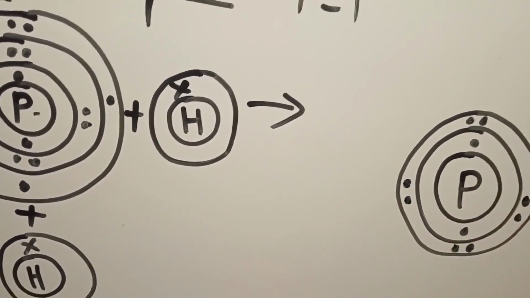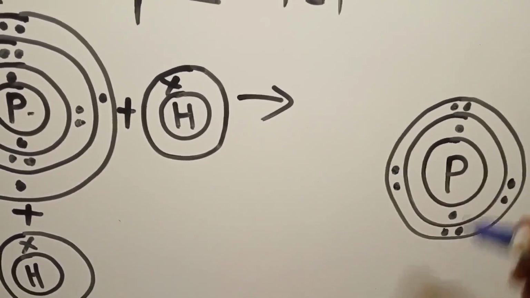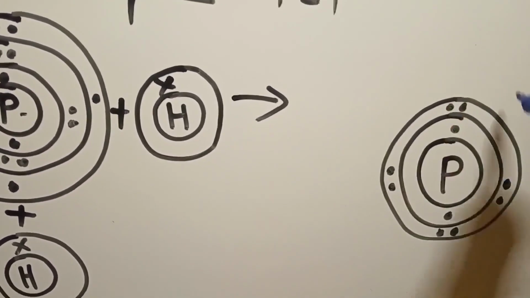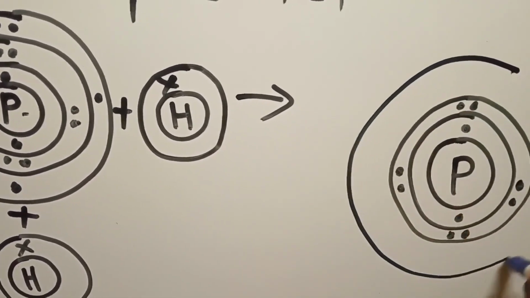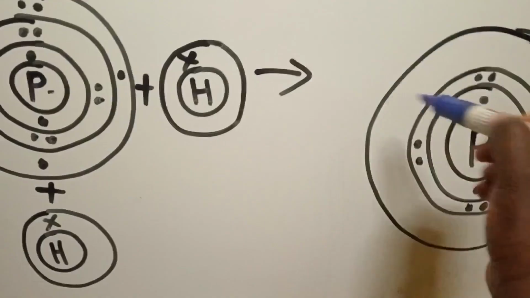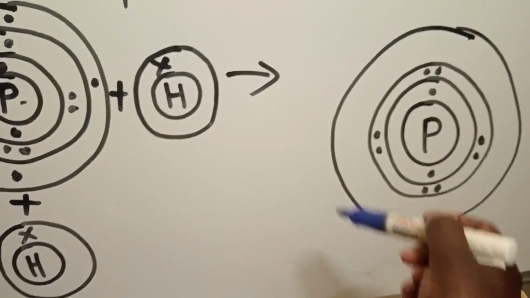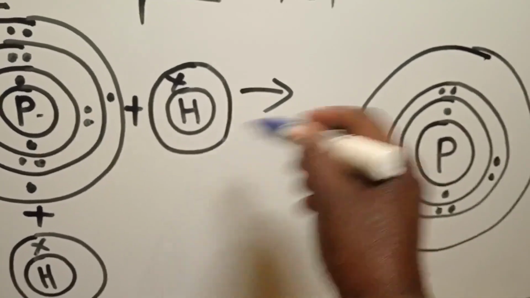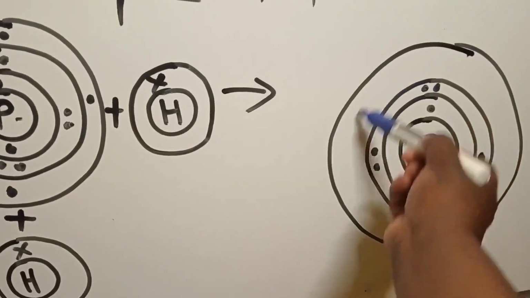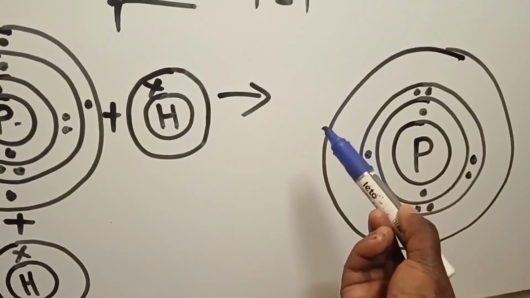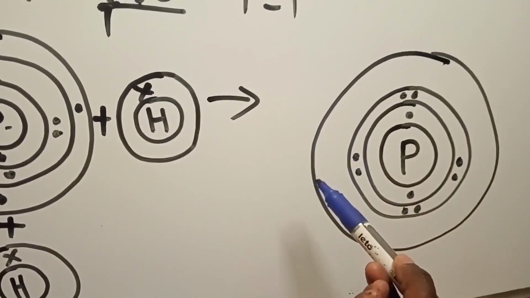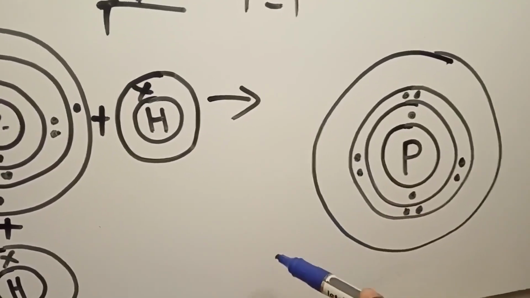And then we go to the outermost energy level. So to the product side, I like it when it is drawn a bit bigger. Because it is at this point that you'll be showing how the outermost energy level for phosphorus is combining with each hydrogen to show how the bonding has happened.